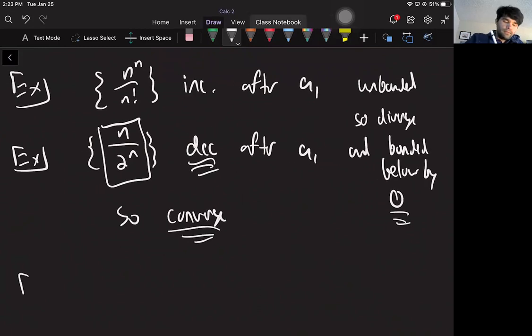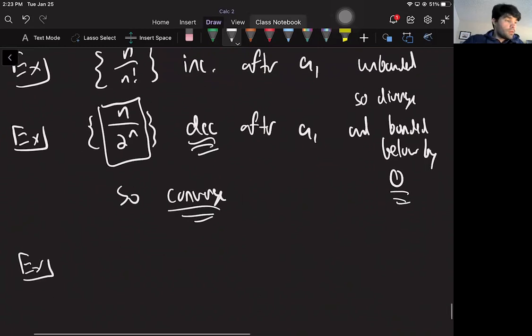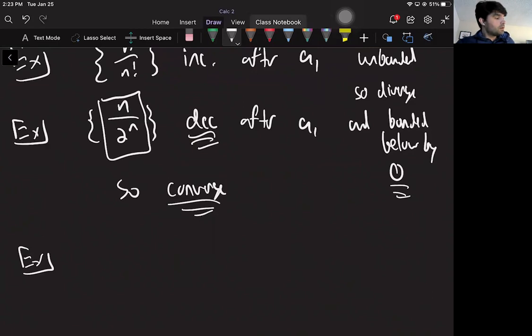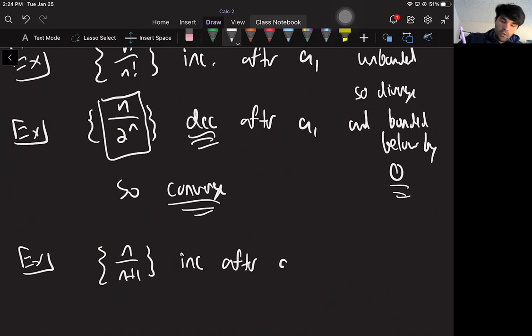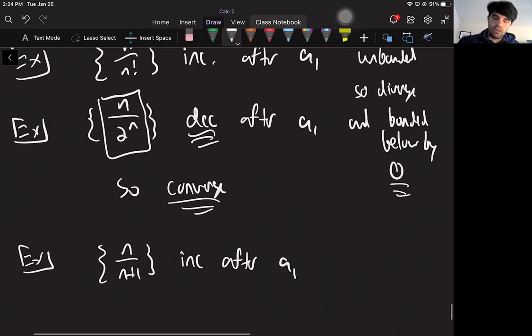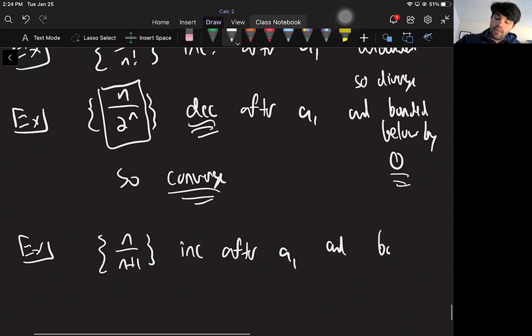And let's see another one. Do we have another one here I can refer to? Yeah, so this one we did much earlier, n over n plus 1. This was increasing after A1. And it's bounded by 1, bounded above.